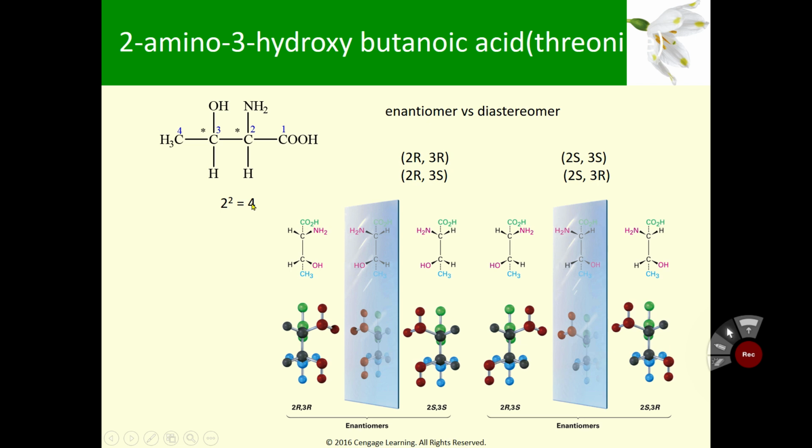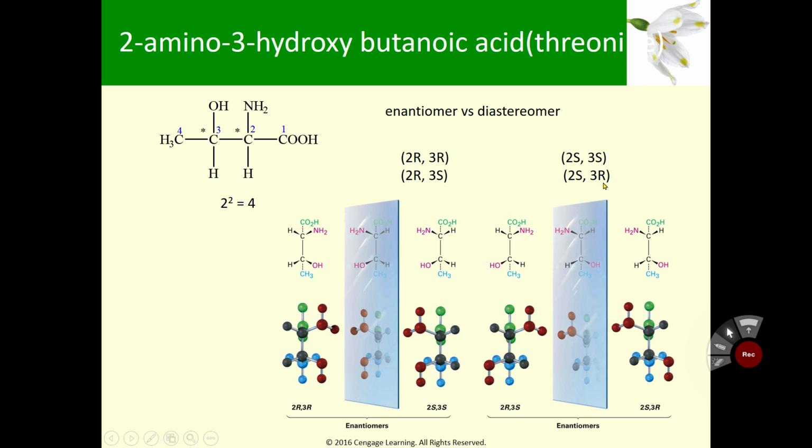Now, we can clearly tell what kind of isomers we have because we have R and S at 2 and R and S at 3. So the four stereoisomers will be 2R, 3R, 2R, 3S, 2S, 3S, and 2S, 3R.